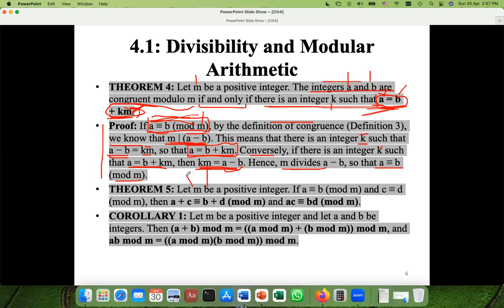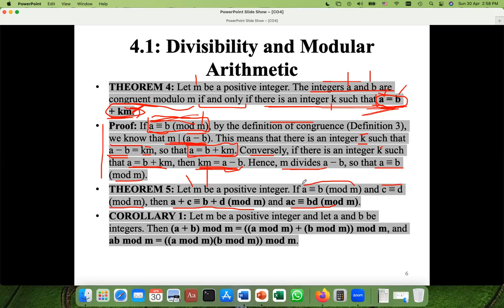If M is a positive integer, the same M which we are using from the previous slide, and if A, B are two integers, and if there is a situation A congruent to B mod M, as one equation, and C congruent to D mod M, as another equation, then you can have these congruences also, which are the addition and the multiplication of these two equations.